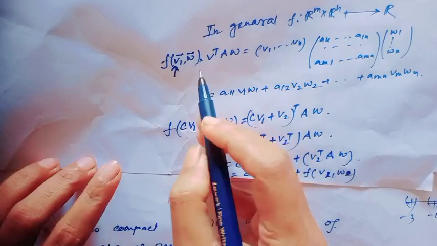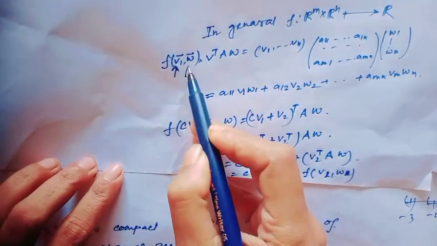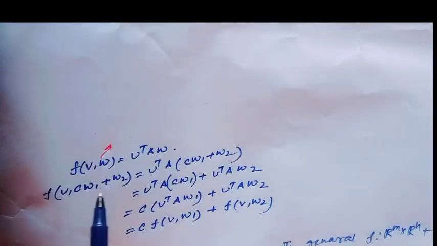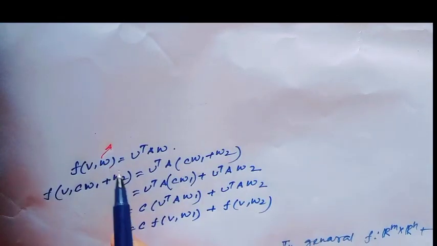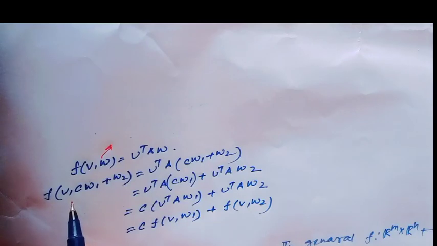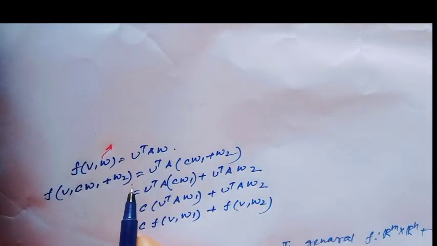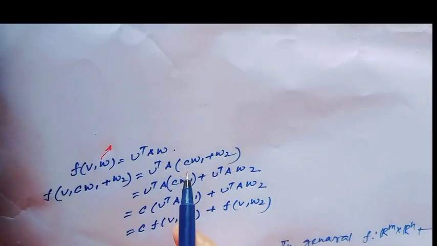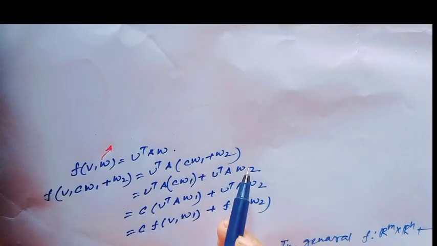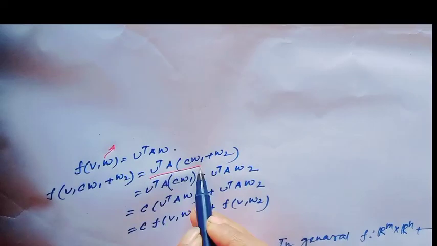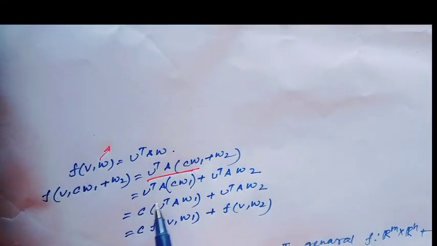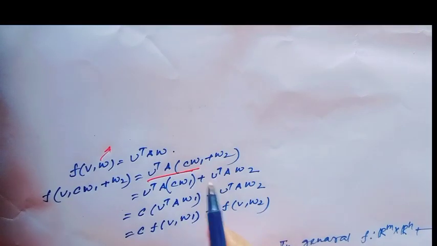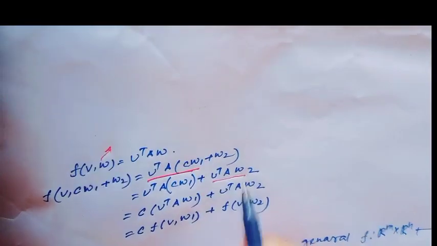Then I will show this is also similarly linear in the second vector. With respect to the second vector w, f of v comma cw1 plus w2 equals V transpose A times (cw1 plus w2), and this would be V transpose A times cw1 plus V transpose A times w2.